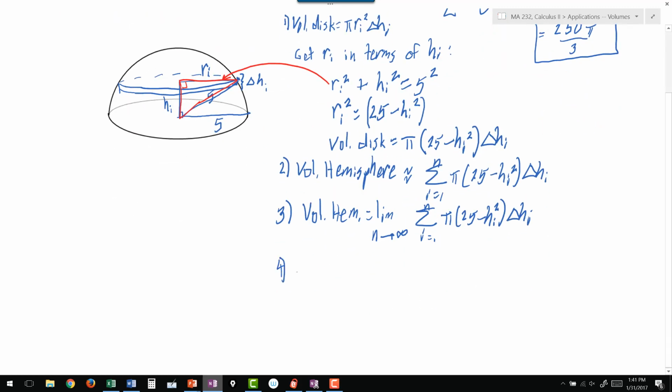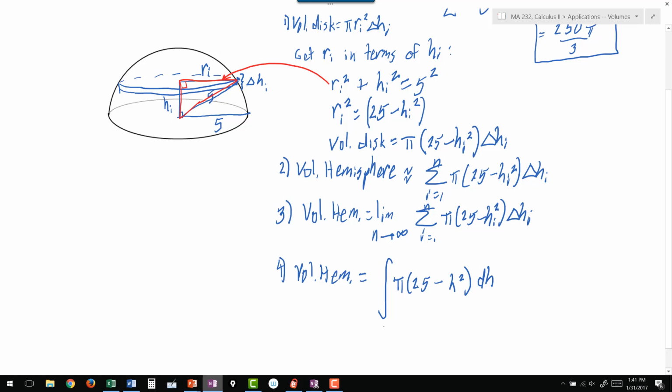We recognize that what we've done is construct a Riemann integral for the volume of the hemisphere, where I'm integrating the function from inside the summation, that's pi times 25 minus h squared, and the delta h_i, as it gets thinner and thinner with the number of disks going to infinity, that becomes my dh.